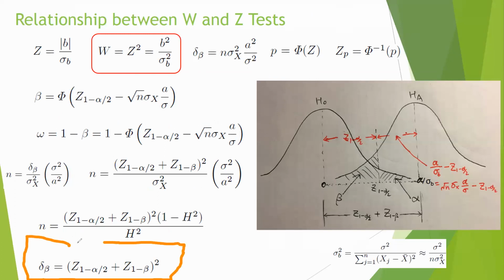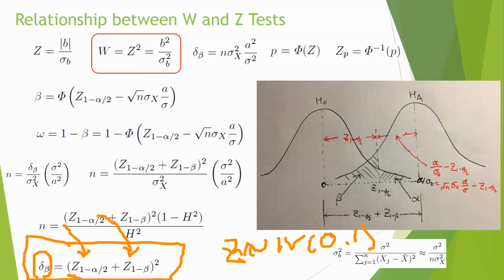This is the formula we're going to use to calculate the non-centrality parameter for the non-central chi-square distribution. As you can see, the association is with the Z variable. Z is a standard normal distribution, with mean equals 0 and variance equals 1.